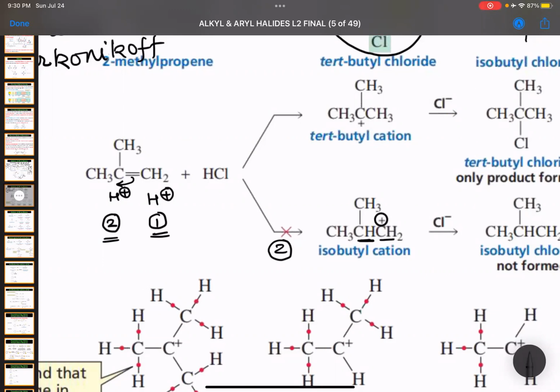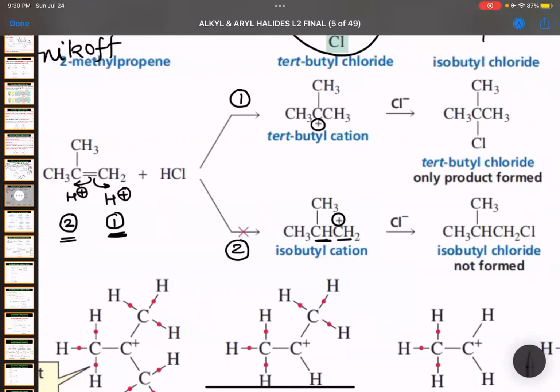Does everyone agree that it is pathway 2? And what happens if the H plus joins itself to the double bond by adopting the first pathway? Okay, this is the first pathway. The H plus will come and join to CH2 and the double bond will shift towards the right hand side, and the plus charge will come on the middle carbon.